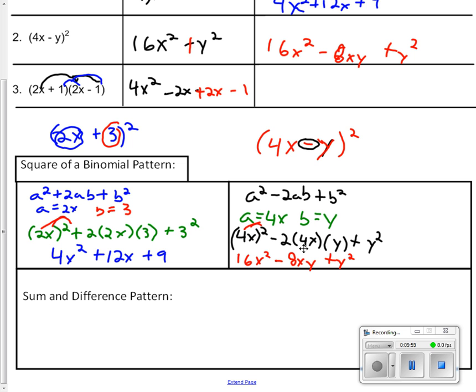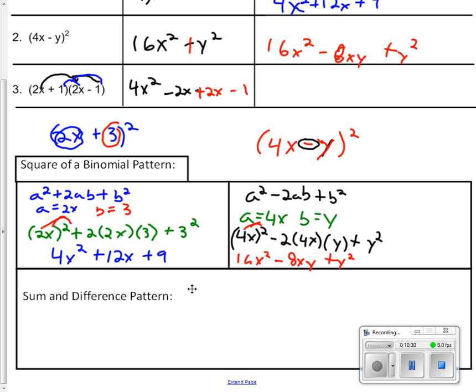The sum and difference pattern is really nice to use. Looking at example 3, we have 2x plus 1. So this was a binomial that's got a sum. We'll start completely over.